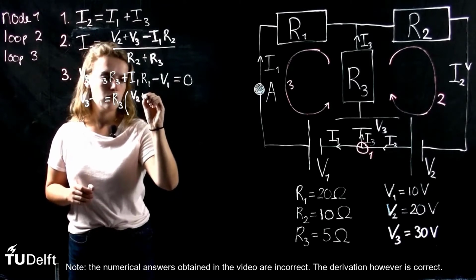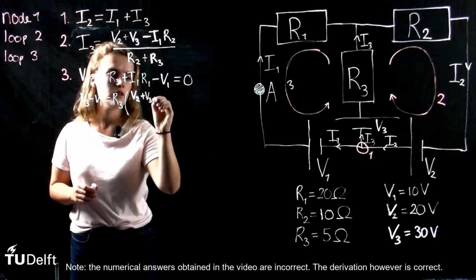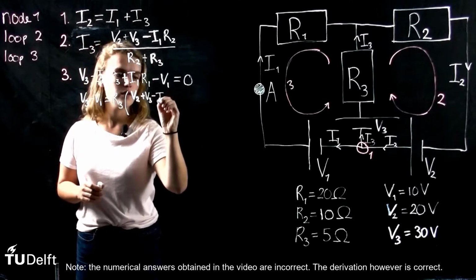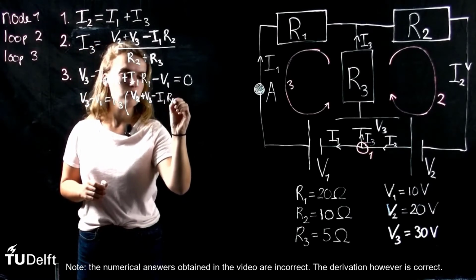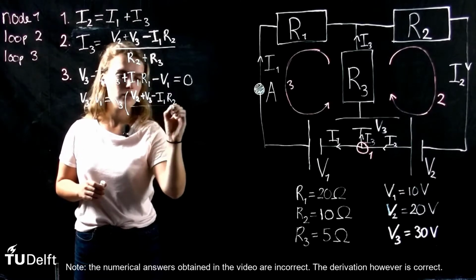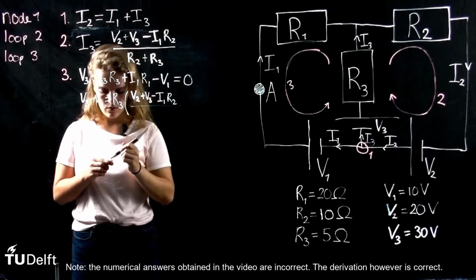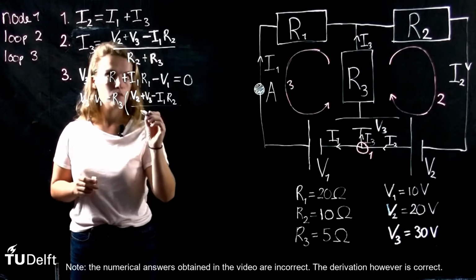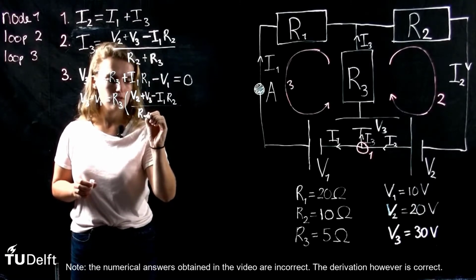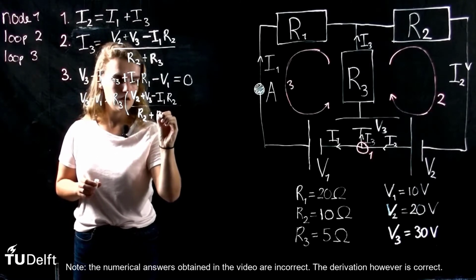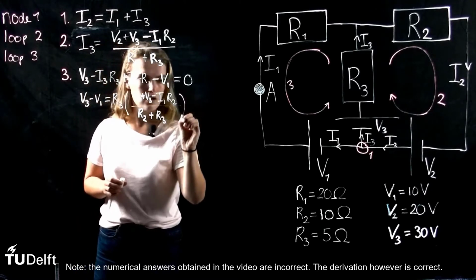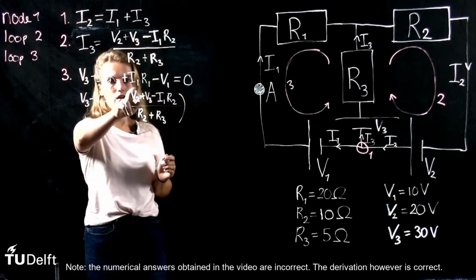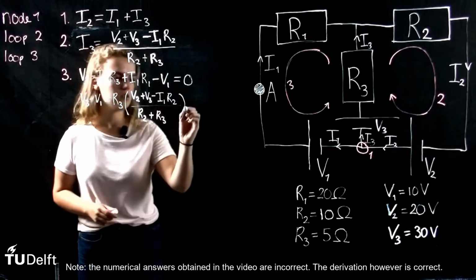V2 plus V3 minus I1 R2 over R2 plus R3. And then we're still left with this I1 R1, which we also took to the other side.